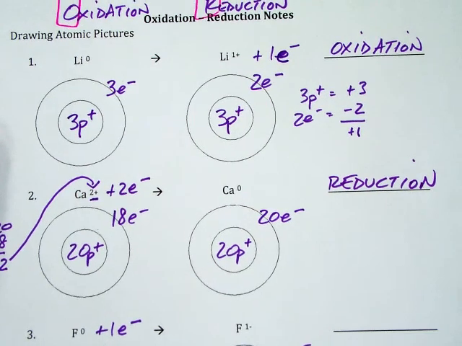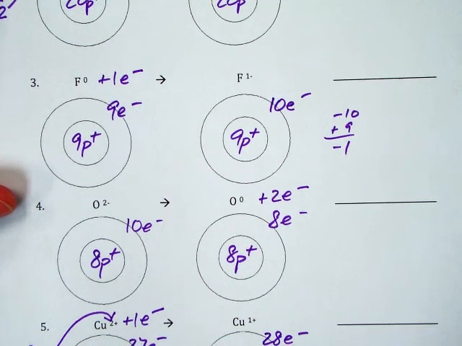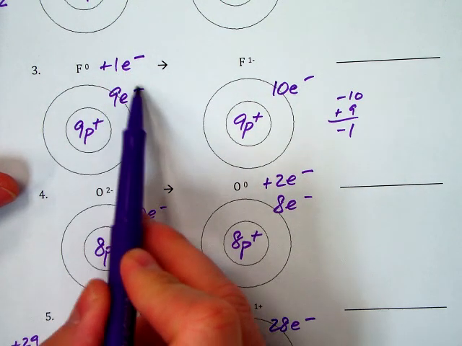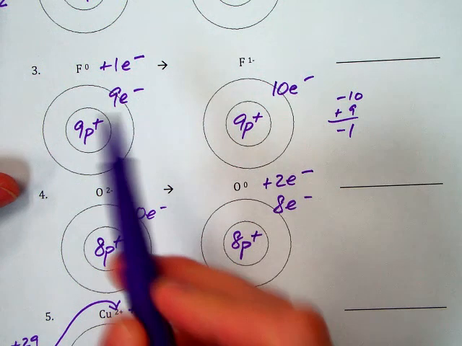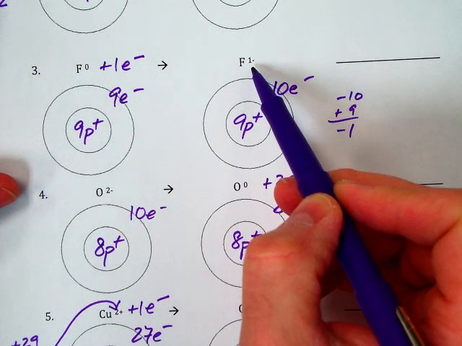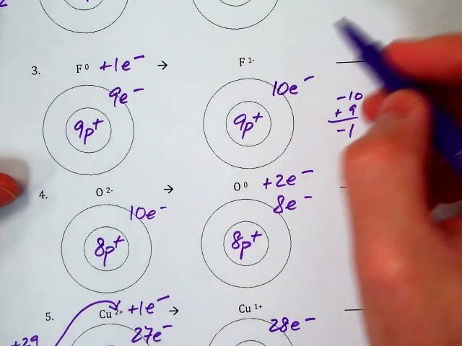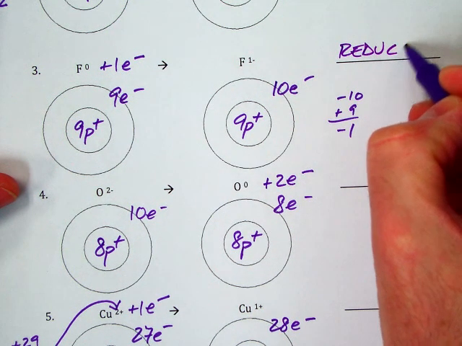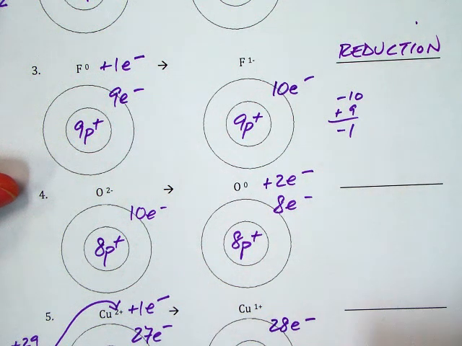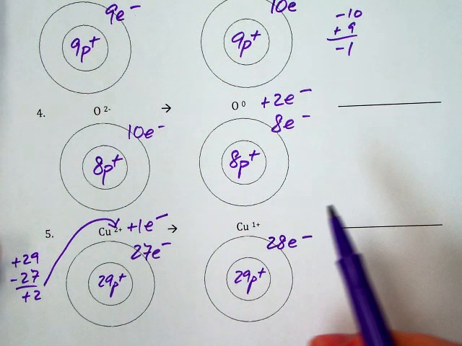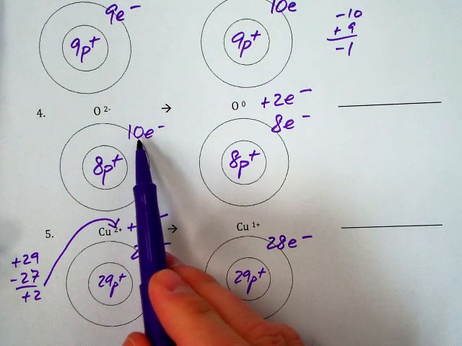All right. We can try number 3 here. F0, so we started at 9 electrons, and then we went to 10. So this species needed to gain 1 electron to become F-. So again, this is gaining electrons. Okay, and so this is your reduction. For number 4, we had started with 10 electrons and we ended up with 8.